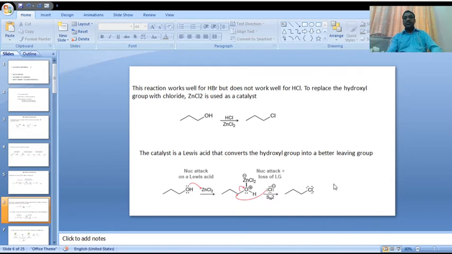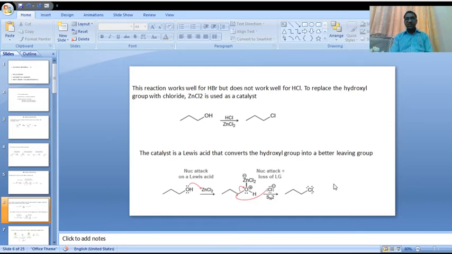This is different from the last reaction, because here we are using the extra zinc chloride catalyst, which acts as a Lewis acid. That Lewis acid on reaction with the hydroxyl group converts it into a better leaving group, so immediately after attack of the nucleophile, the loss of the leaving group takes place very easily.